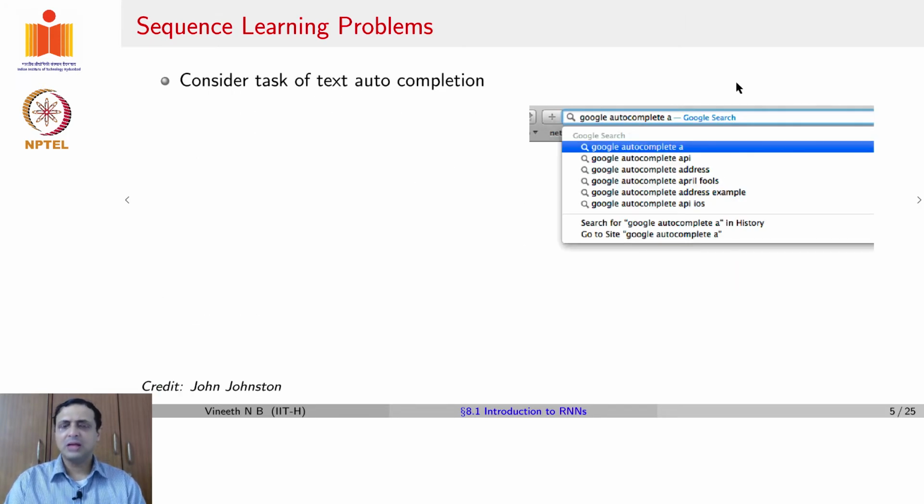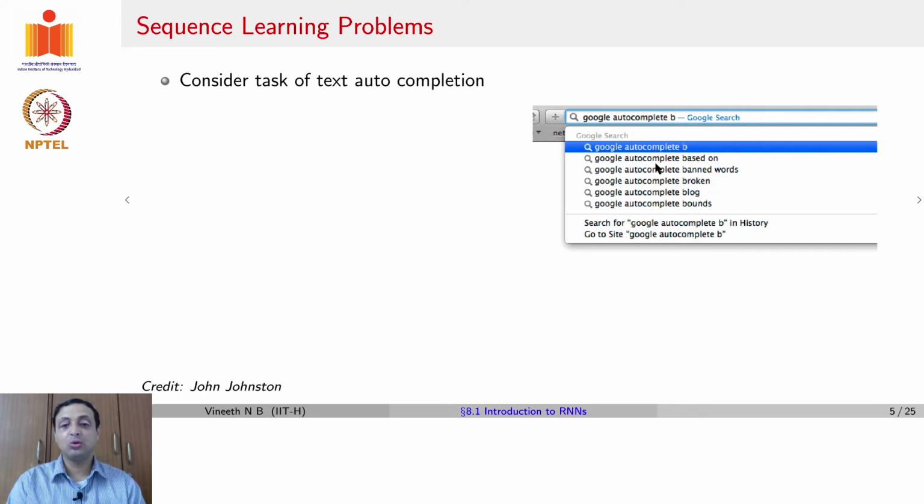However, there is another category of problems known as sequence learning problems, which require something more than what we've seen so far. If you take this example of text auto-completion, something that you perhaps encounter on a daily basis. If we said Google autocomplete A, you have a certain set of recommendations.